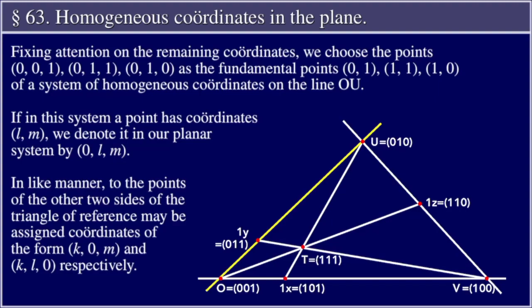If in this system a point has coordinates L, M, we denote it in our planar system by 0, L, M. In like manner, to the points of the other 2 sides of the triangle of reference may be assigned coordinates of the form K, 0, M and K, L, 0 respectively.